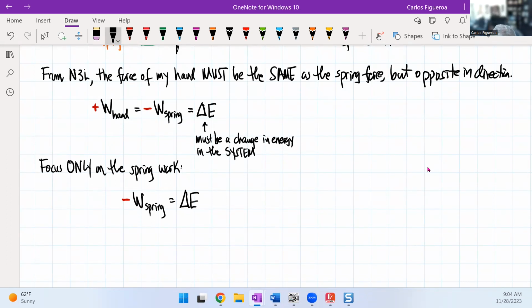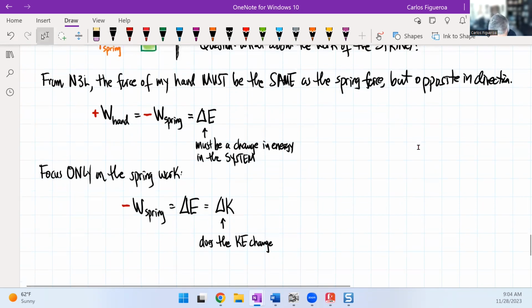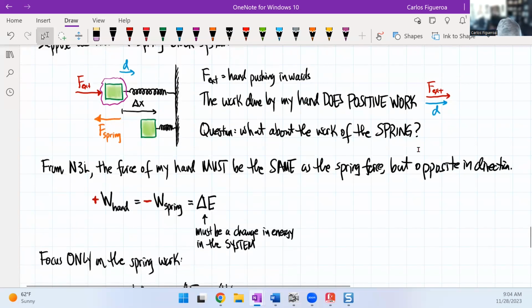So the question is, what about the change in kinetic energy? Does the kinetic energy change? Well, when you look at this, let's say that we start at rest.